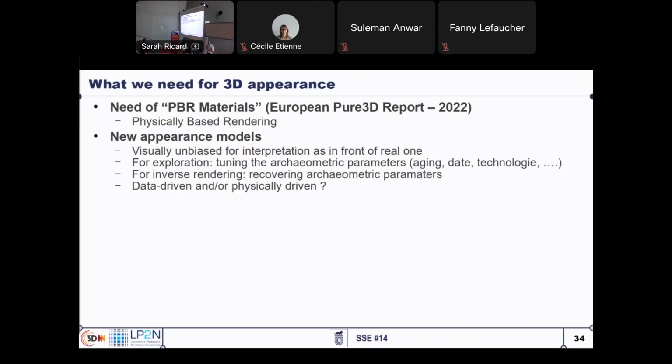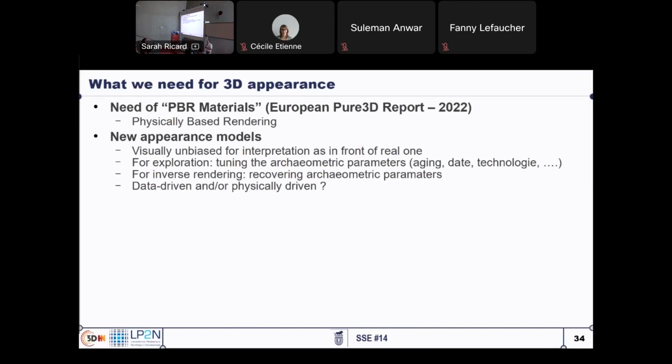For this purpose, we need appearance models that are visually unbiased, so that we can interpret without bias something that is considerably realistic.